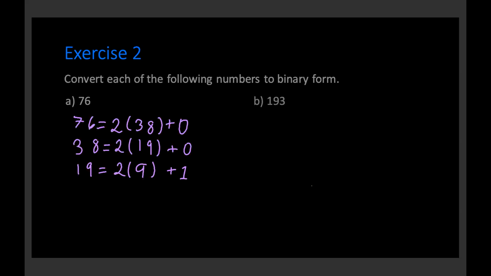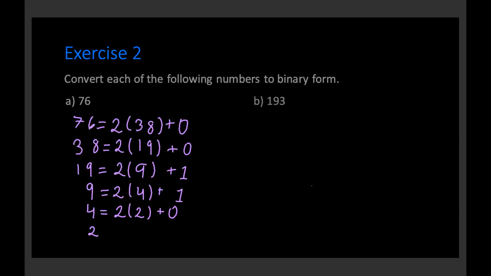All right. So we're going to use this 9 down here. It's going to be equal to 2 times 4. So I'm starting to remember. Awesome. I'm glad. Okay. So now we're going to bring this 4 down here. This is going to be equal to 2 times what? 2 plus 0.